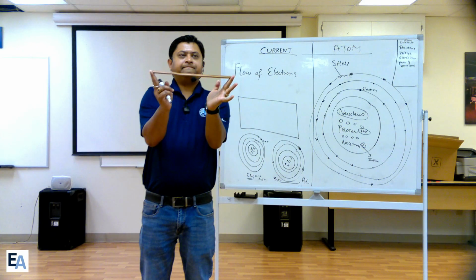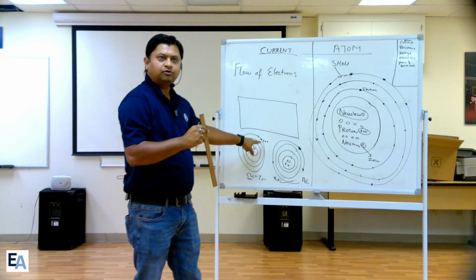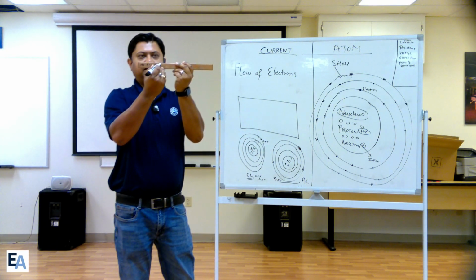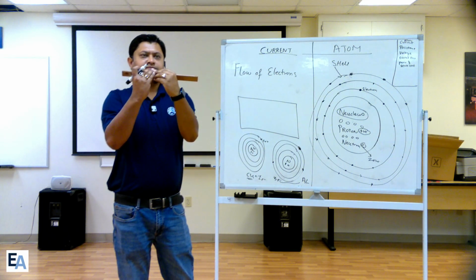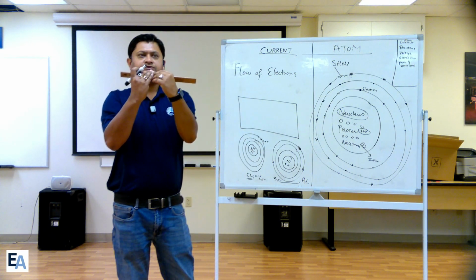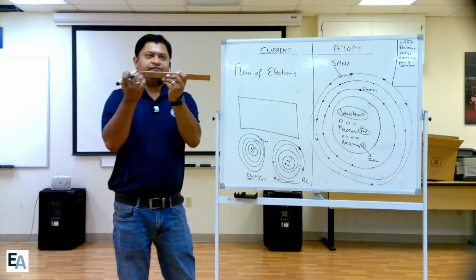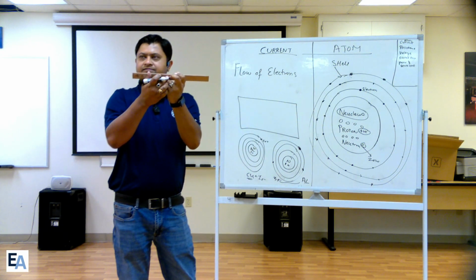Why? Because this has lots of electrons, right? Trillions of atoms build this whole copper, so it will have billions and trillions of electrons in it.